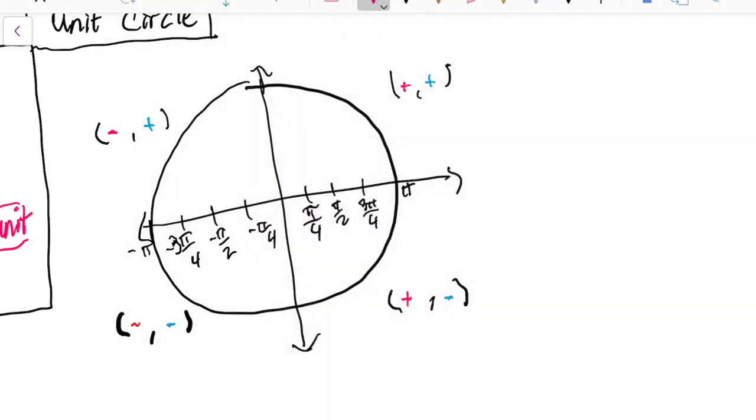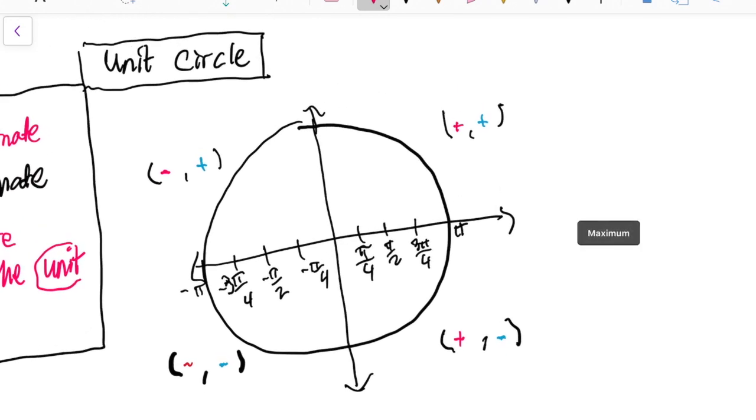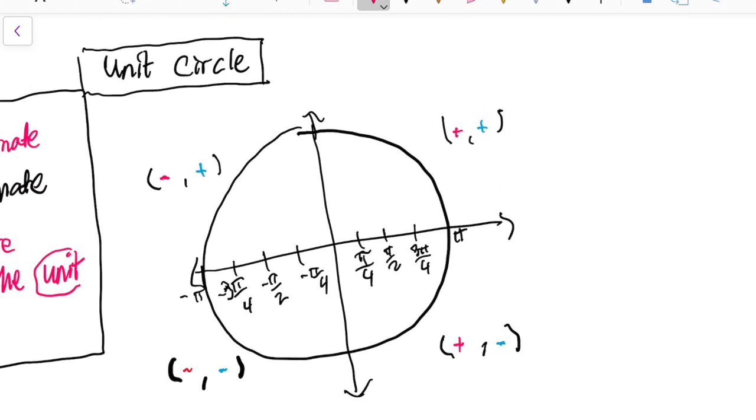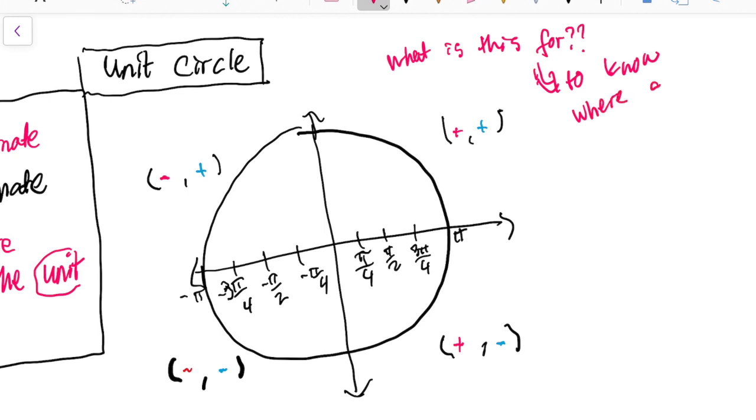Okay, so let us now go to the restriction, to know where our restriction is.